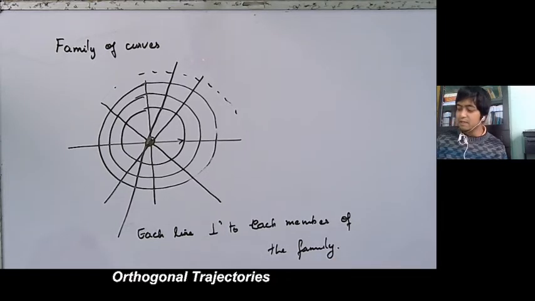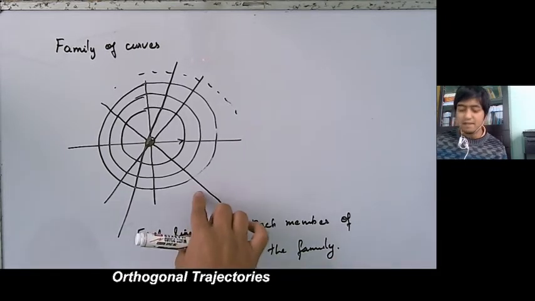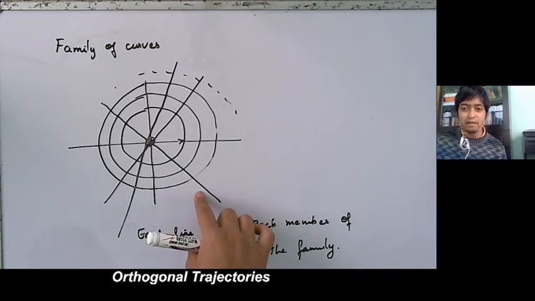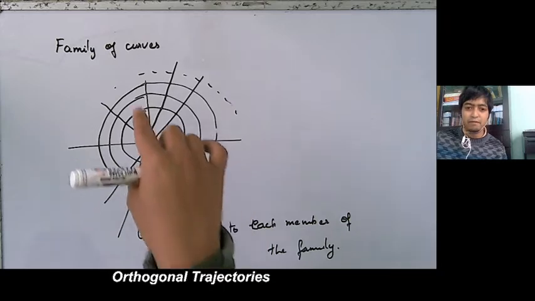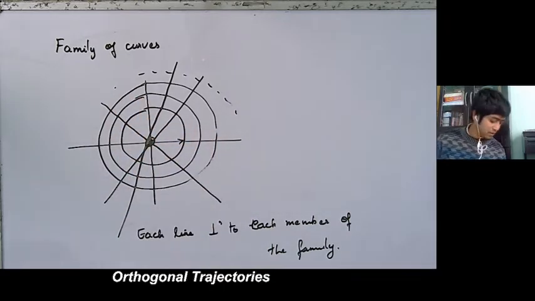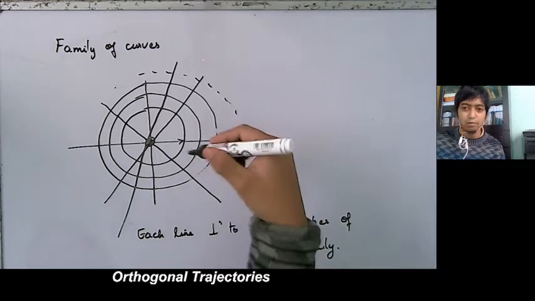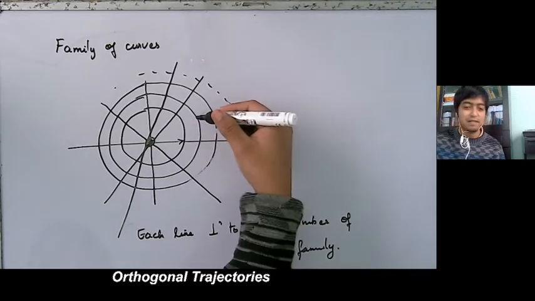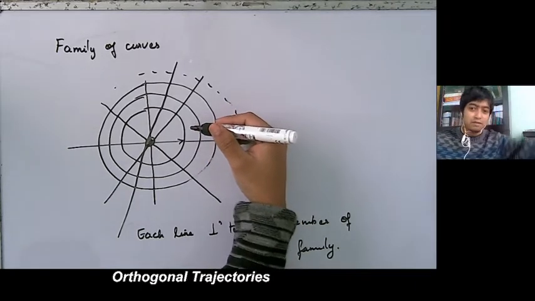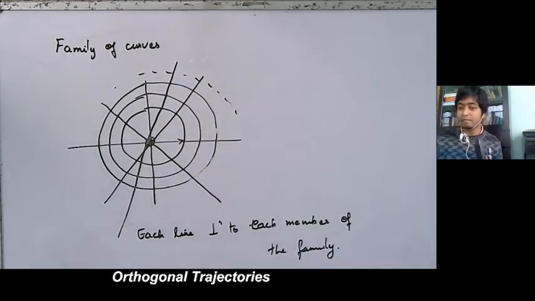So in this case, we will say that these lines are the orthogonal trajectories of the circles. Again, I repeat, these lines are the orthogonal trajectories of these circles.